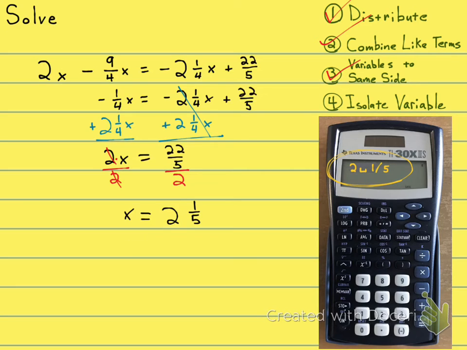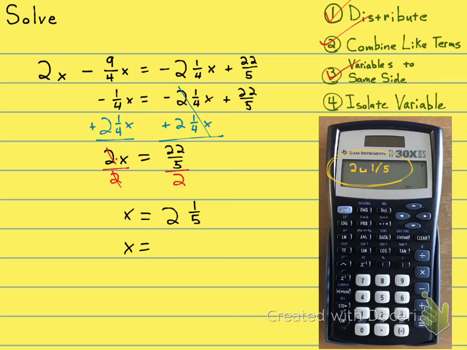We normally do not use mixed numbers, so we're going to turn this mixed number into an improper fraction. We can use the calculator for that. We're going to use this right here where it says ABC to D over E. It turns this mixed number into this improper fraction. Now since it's above the button and it's in light blue, we're going to have to hit this light blue button first.